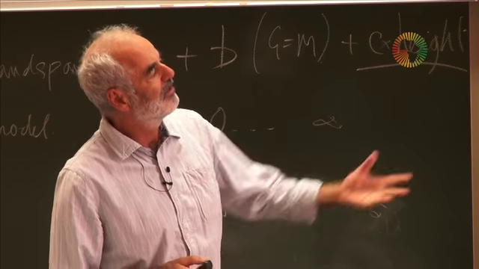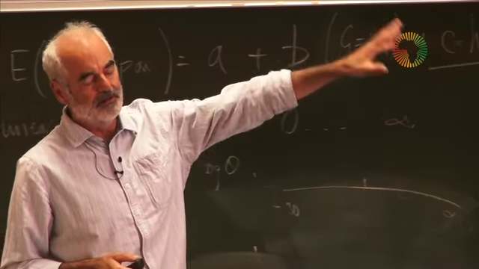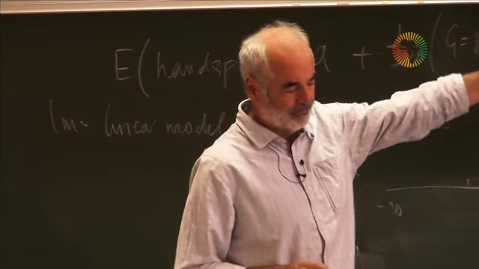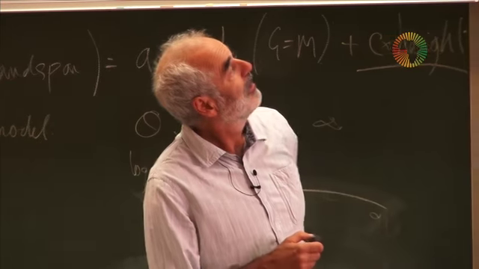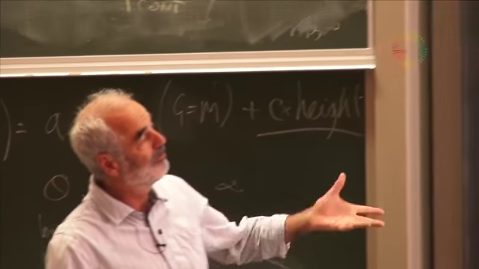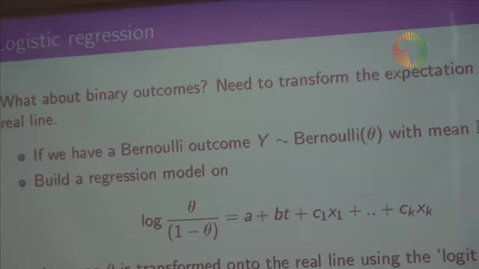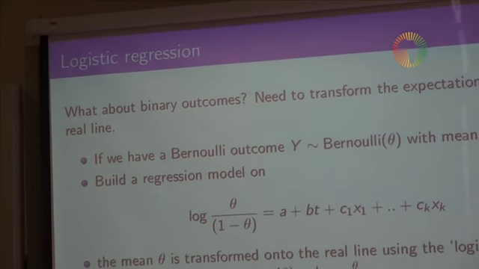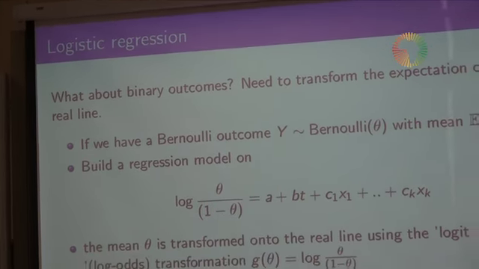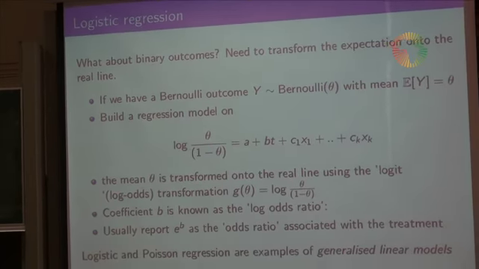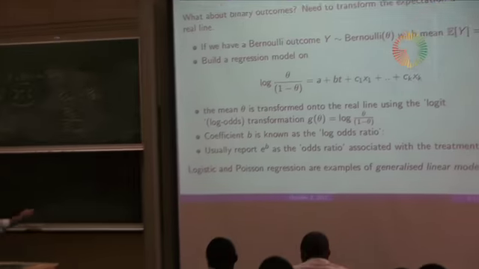And then finally, and I'm doing this just because it's in that paper on the cash transfers, for binary outcomes, yes or no, like infected, not infected. I think this is quite interesting. We want to transform the parameter onto minus infinity to infinity.